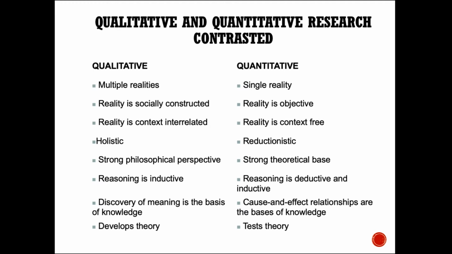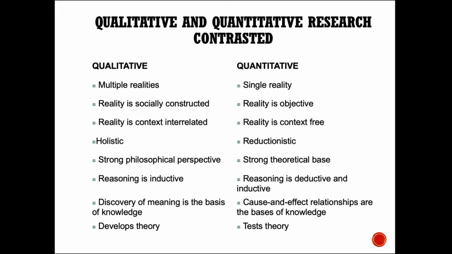In qualitative research, we have multiple realities because the knowledge that we are gaining is from multiple people, groups, telling us their feeling, their experiences. But in quantitative, it is a single reality. After we gather this numerical data, we will find a single reality. There is a relationship between A and B or no. Is it positive or no?